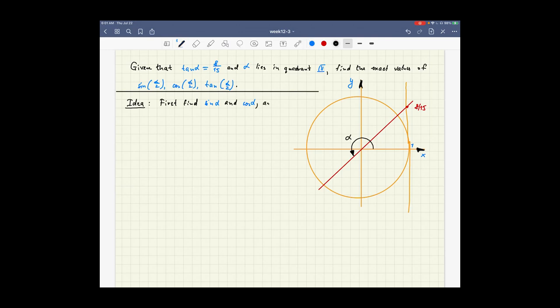And then use the reduction formulas to find sine alpha over 2 and cosine alpha over 2.